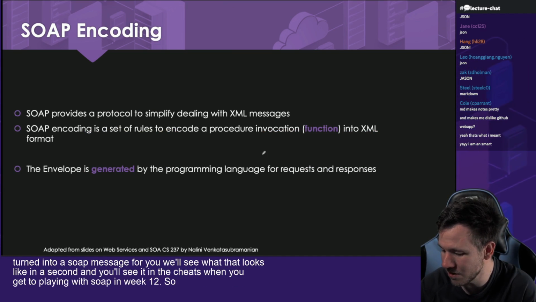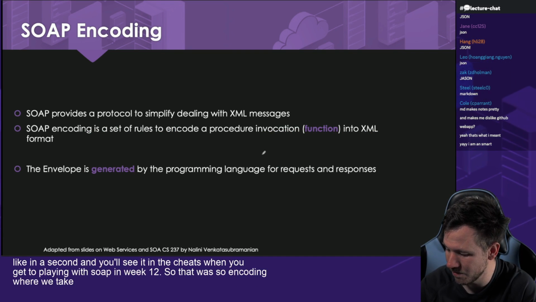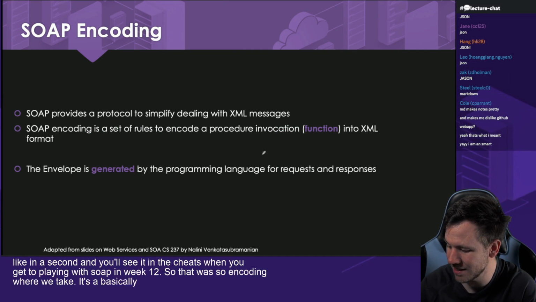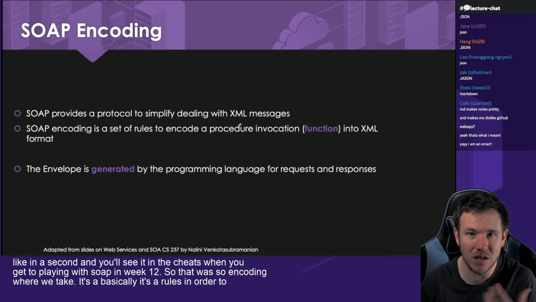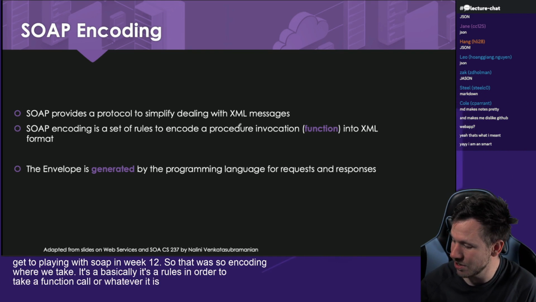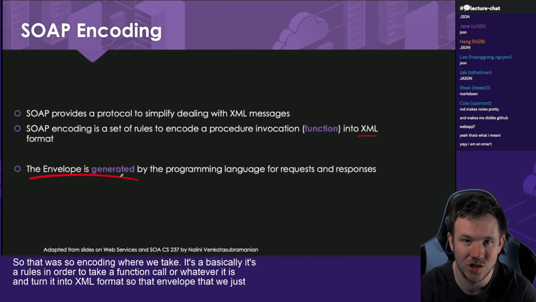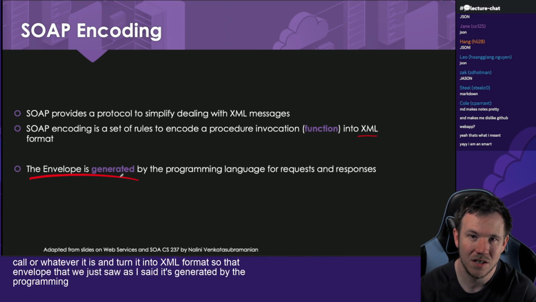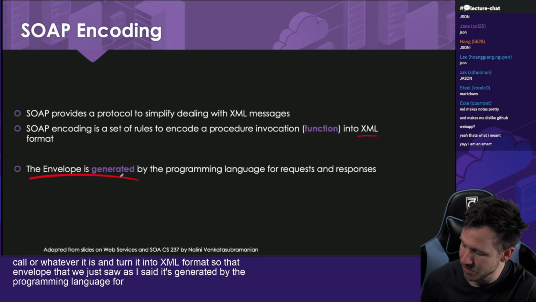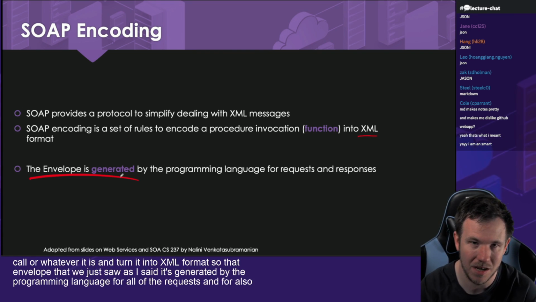So that was SOAP encoding, where basically it's a set of rules to take a function call or whatever it is and turn it into XML format. So that envelope that we just saw is generated by the programming language for all of the requests and also for the data coming back.